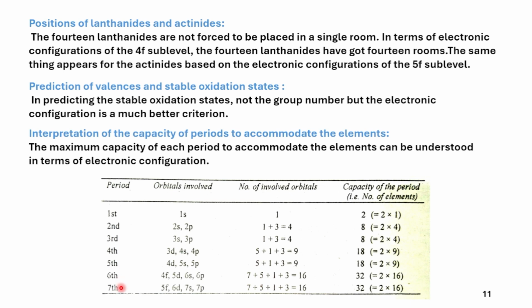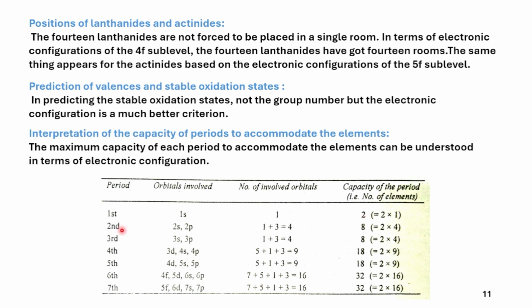But why these different numbers of elements in different periods? There was no justification earlier. Right now, in terms of electronic configuration, you can justify it. In the first period there is only 1s, so one orbital, and in one orbital you can accommodate a maximum of 2 electrons. So that's why a maximum of 2 elements can be there in the first period.